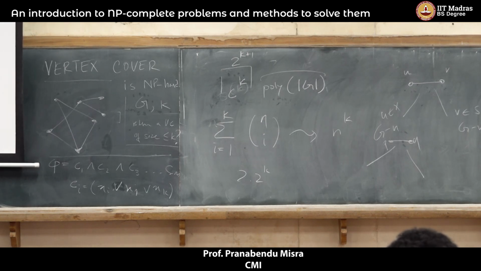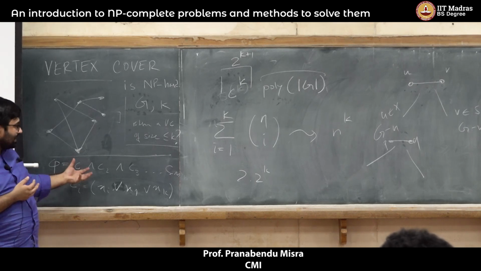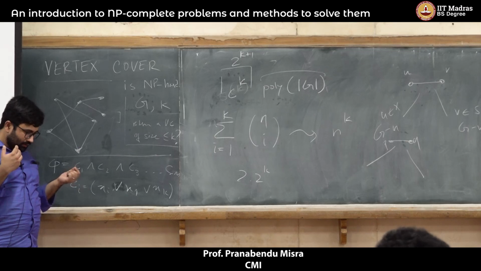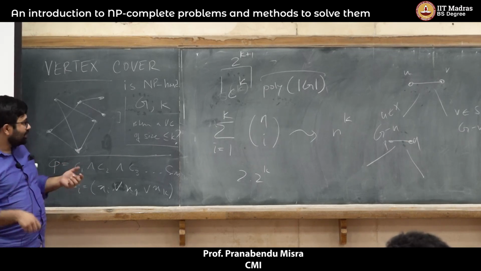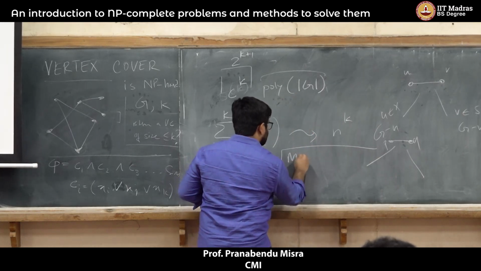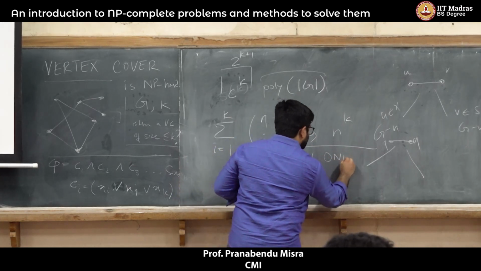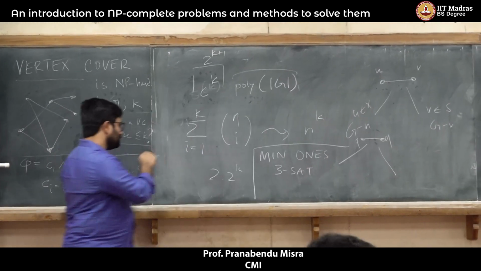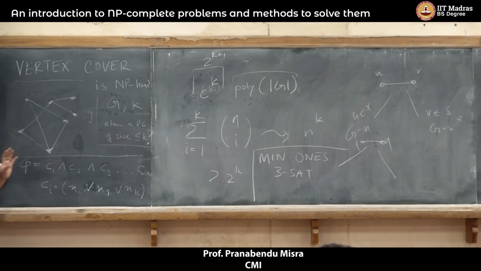Let's look at it like this. Suppose that instead of max SAT, let's say we are looking for a different solution. We want what is called min ones SAT. So this is a slight variant of the 3 SAT problem.